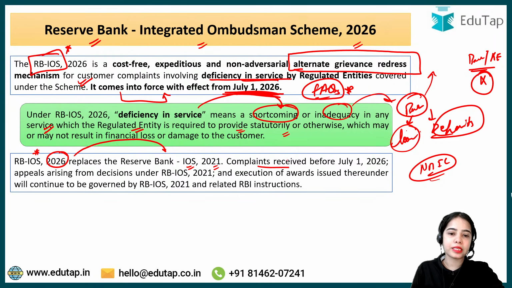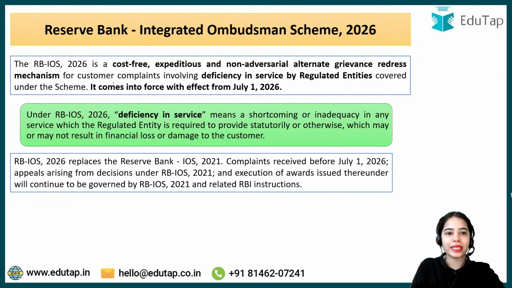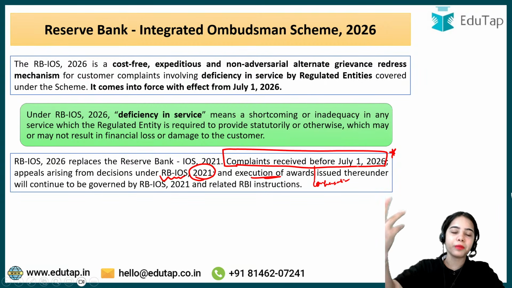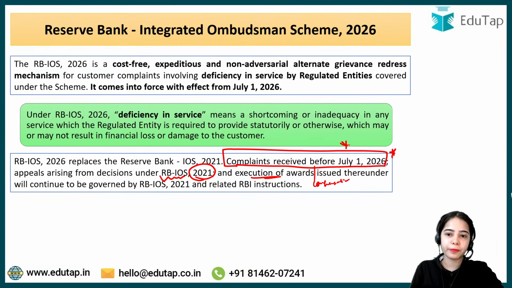So complaints that have been received before July 1, 2026 will be covered under the previous Scheme of 2021. And execution of awards, if any compensation is given, will also be as per the previous Integrated Ombudsman Scheme of 2021.